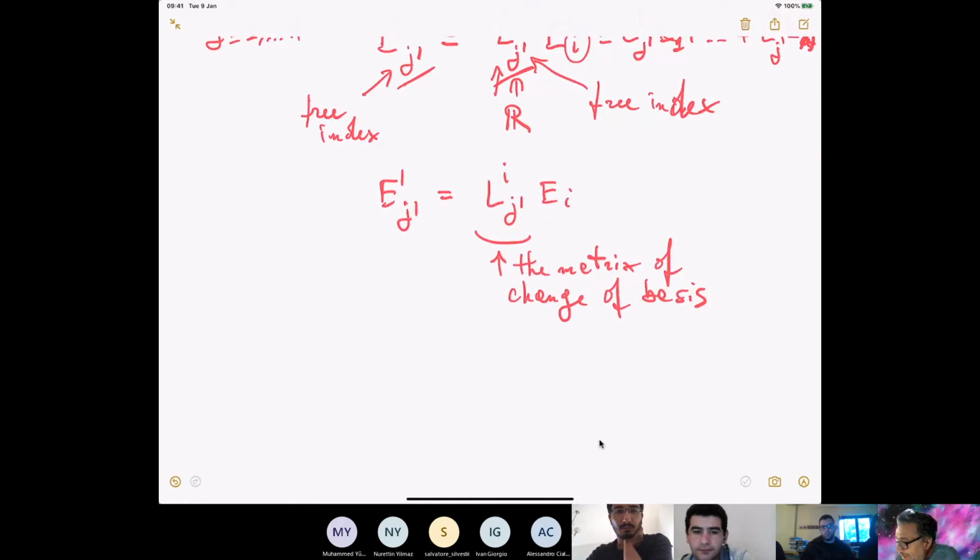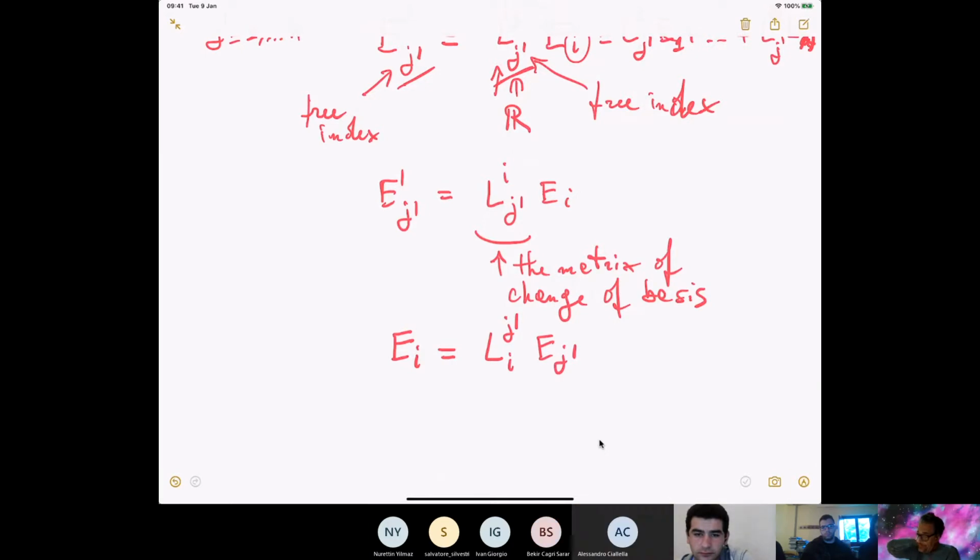Okay, now let us write E_i equal L_i^j' E_j'. Okay. You can similarly write the old basis as a linear combination of the new one. Now, soon we will need to use these two formulas together.